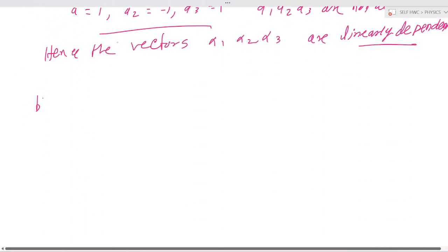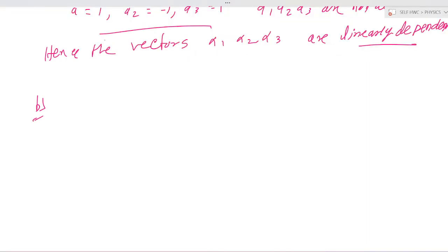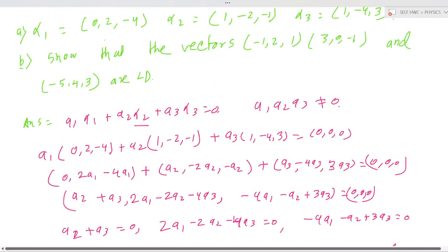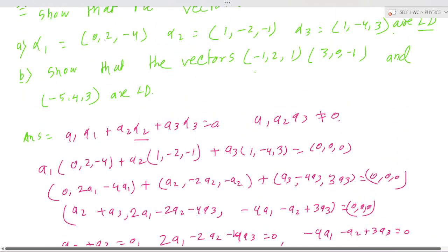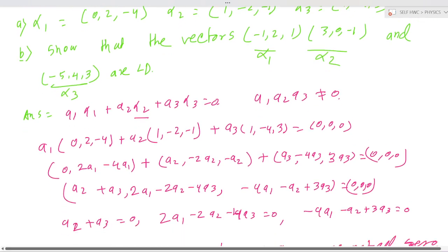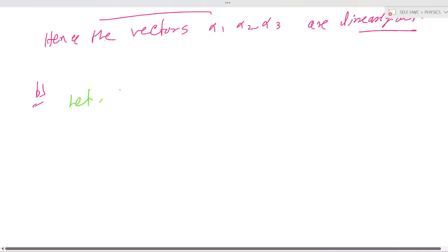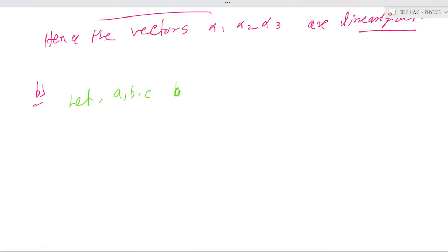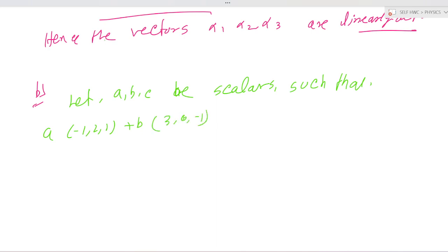Next I talk about the second question answer. Okay, same process, you solve this problem. Okay, in this question it is the values alpha 1, alpha 2 and alpha 3. To put in these values, let a, b, c be scalars such that a(minus 1, 2, 1) plus b(3, 0, minus 1), these given elements, plus c(minus 5, 4, 3) compare (0, 0, 0).